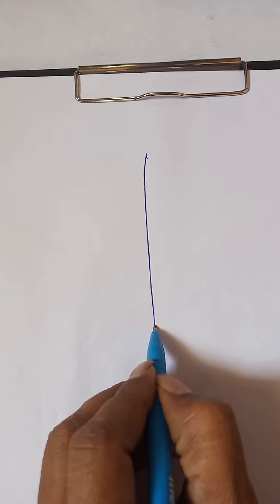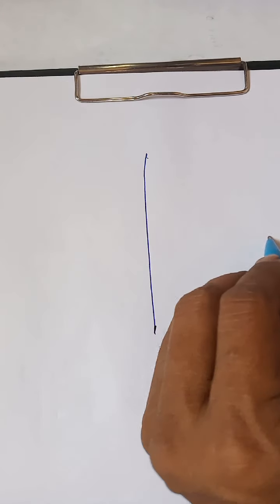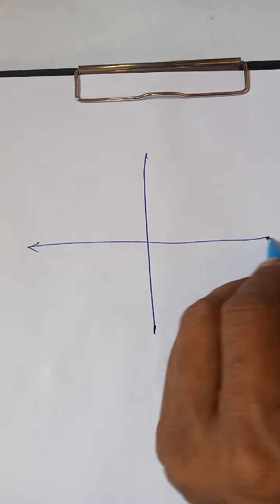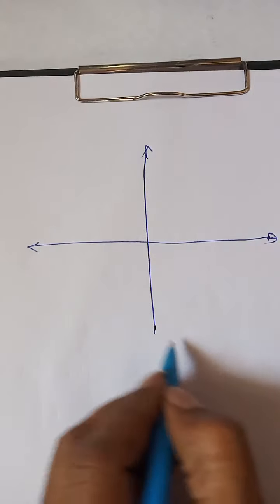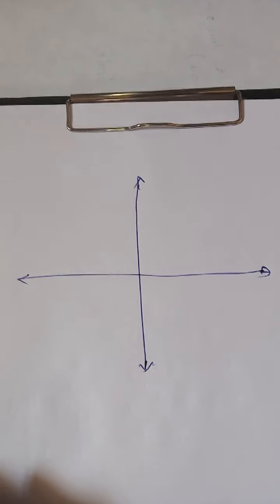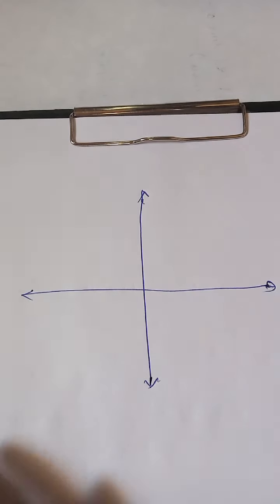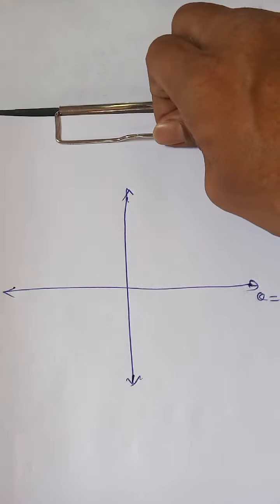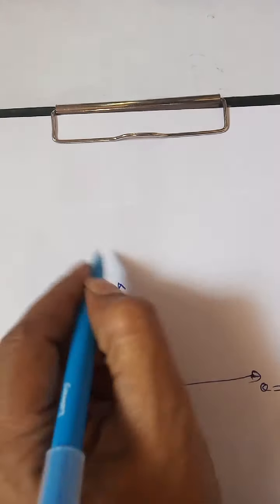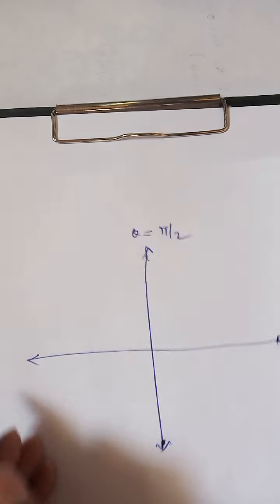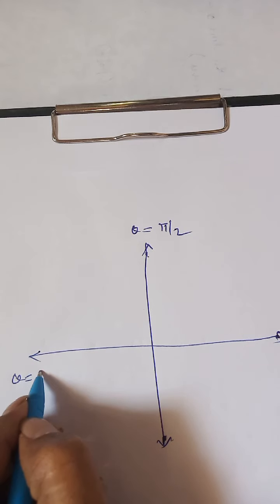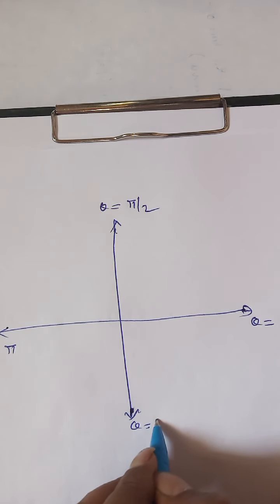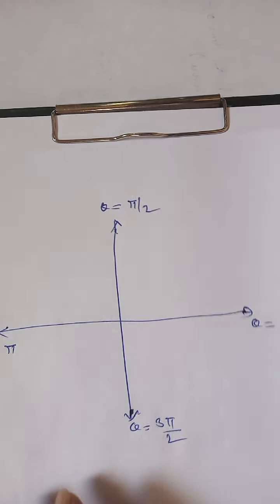We'll come to this two-dimensional space, so it will be easy to select the values of theta from this. So theta equals 0, theta equals pi by 2, theta equals pi, theta equals 3 pi by 2.